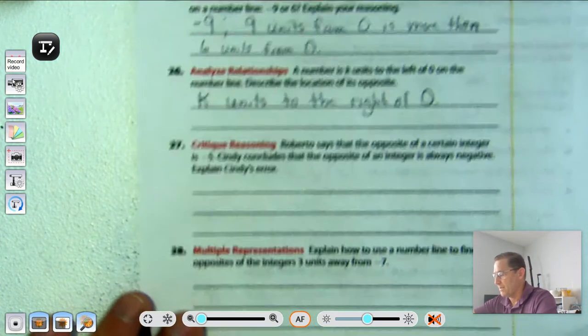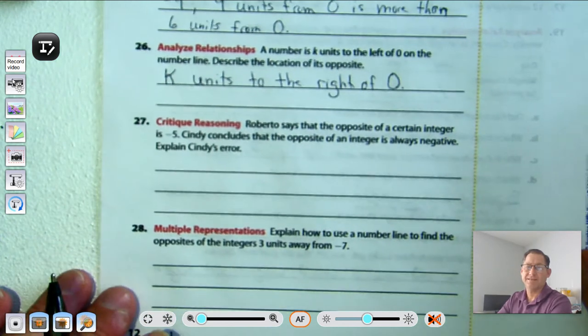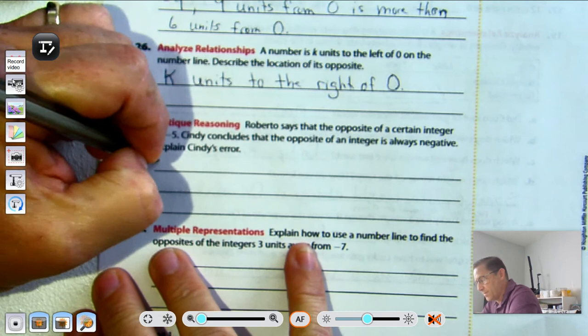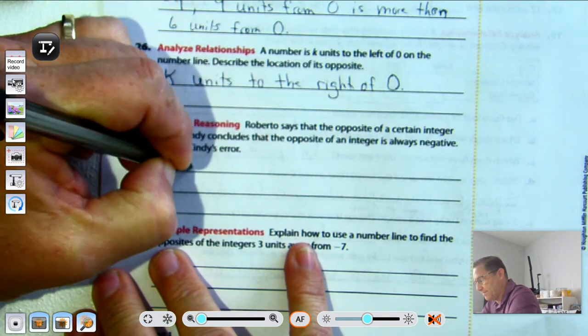All right, 27. Roberto says that the opposite of a certain integer is negative 5. Cindy concludes that the opposite of an integer is always negative. Well, no, it can't be, because integers can be positive or negative to start, right?